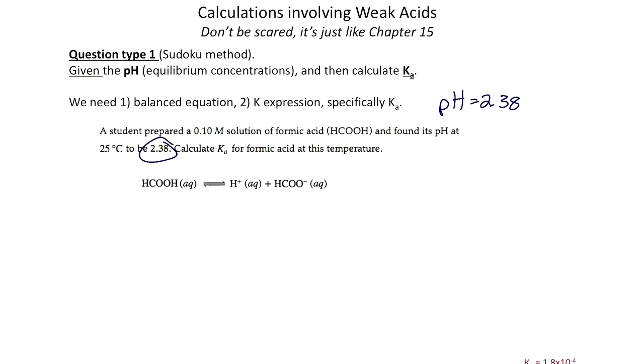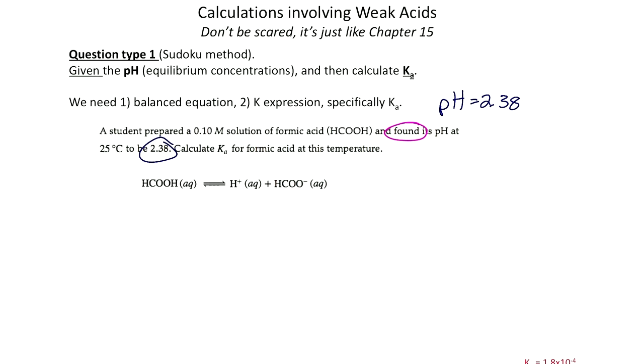But I have a pet peeve. I hate this word. I copied this out of the textbook: found. This student found its pH to be this. Now that you're smarter and more comfortable in lab, I want to make sure that you're communicating your ideas correctly in a way that doesn't sound weird.